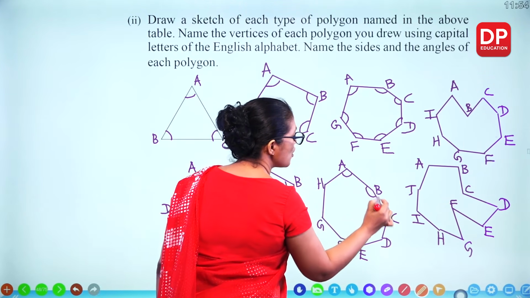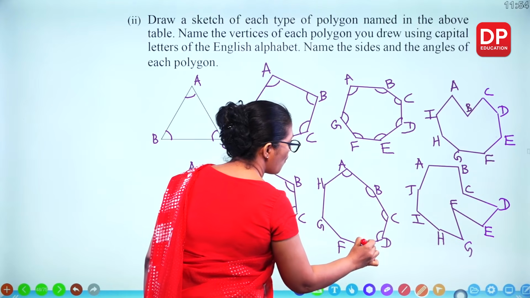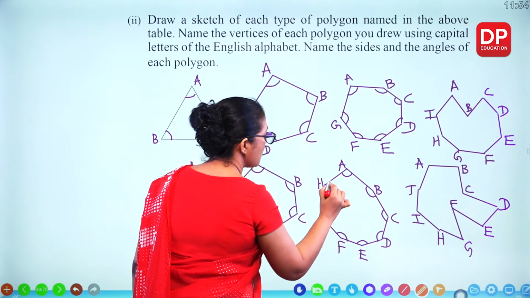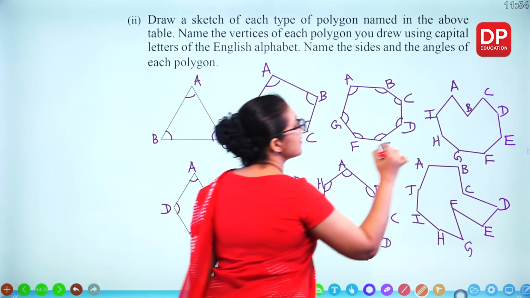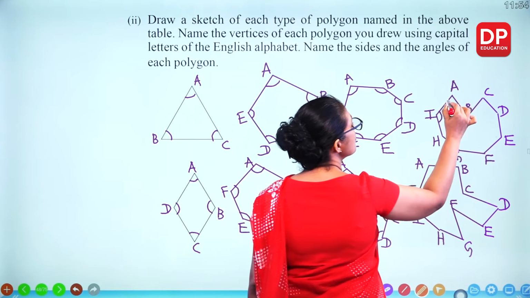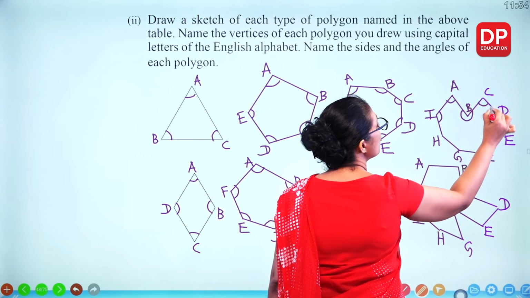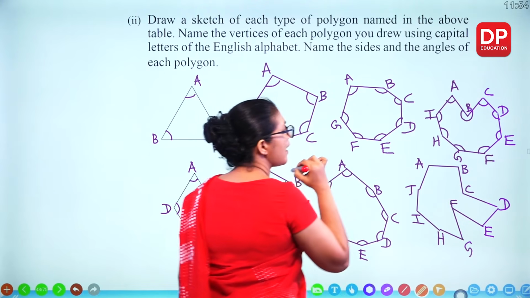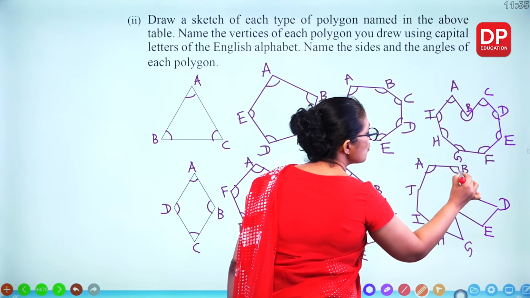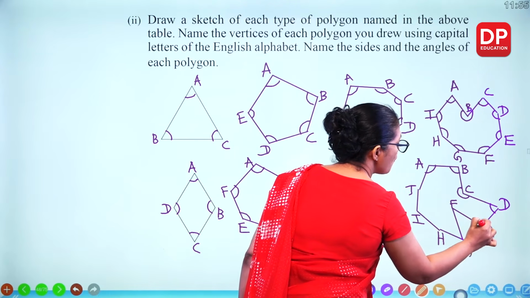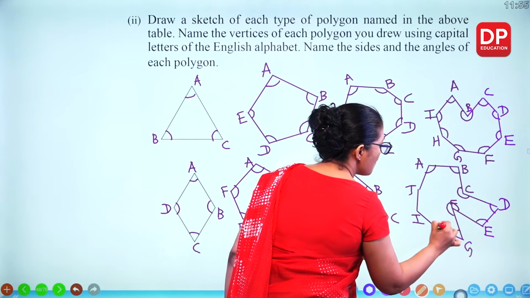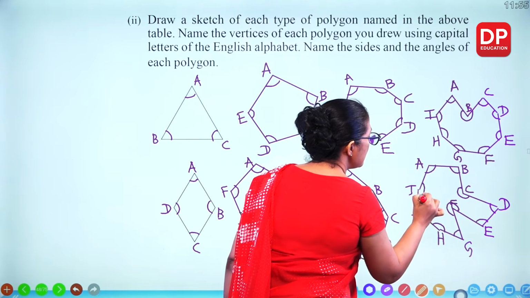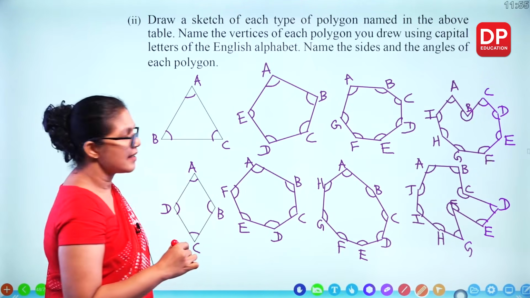Octagon, 8. Nonagon, you need to get 9 angles. 1, 2, 3, 4, 5, 6, 7, 8, 9, 10. That's a decagon.